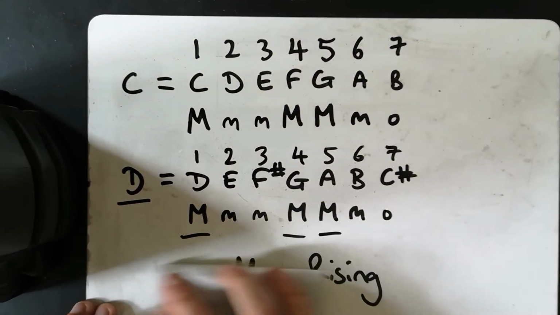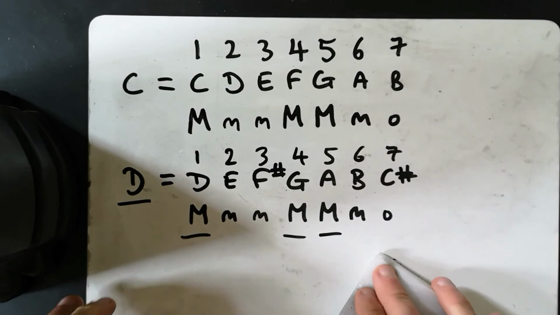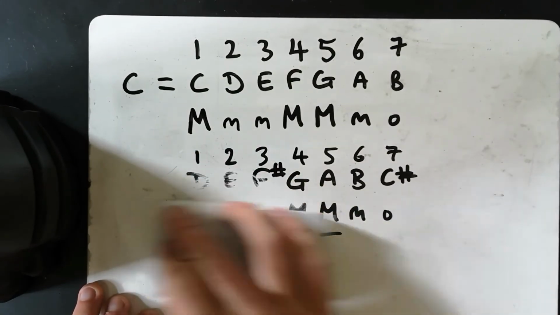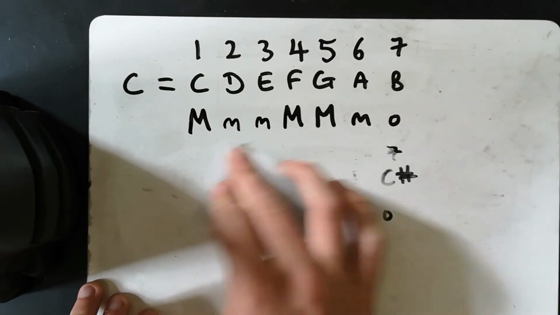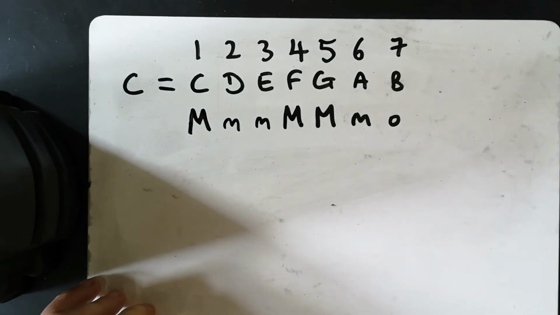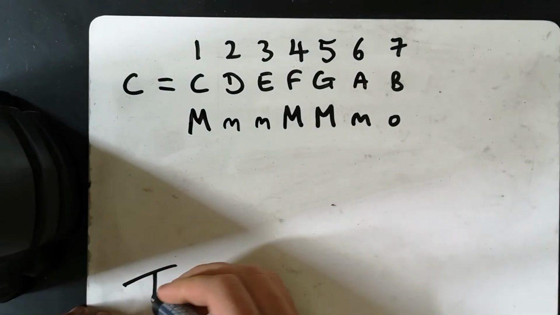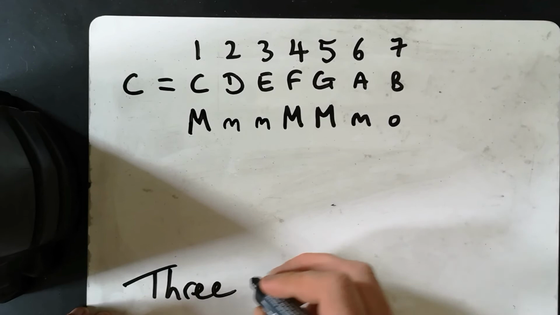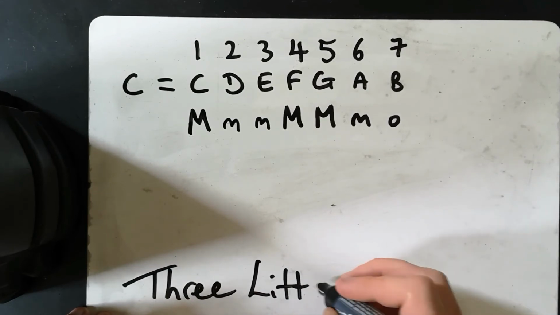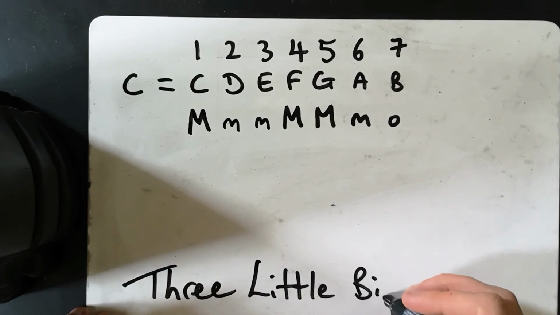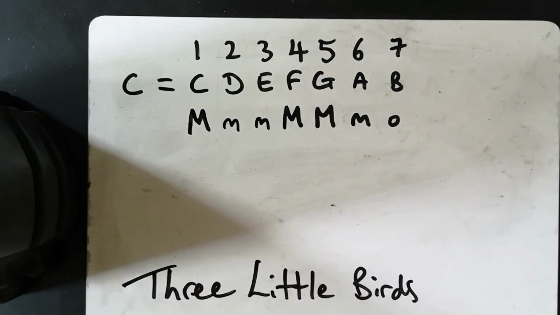Okay, let's take another song and another key signature. Okay, I know that the song Three Little Birds by Bob Marley only uses the chords A major, D major, and E major.